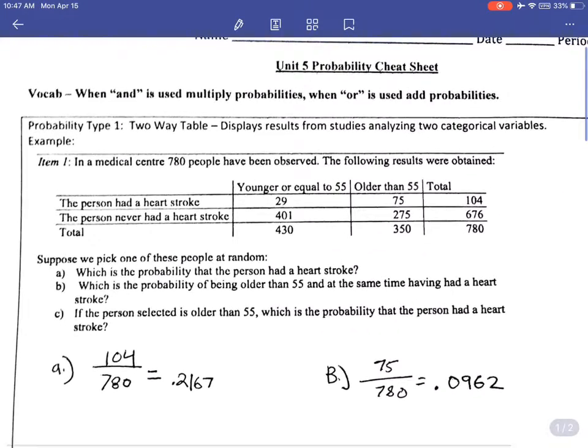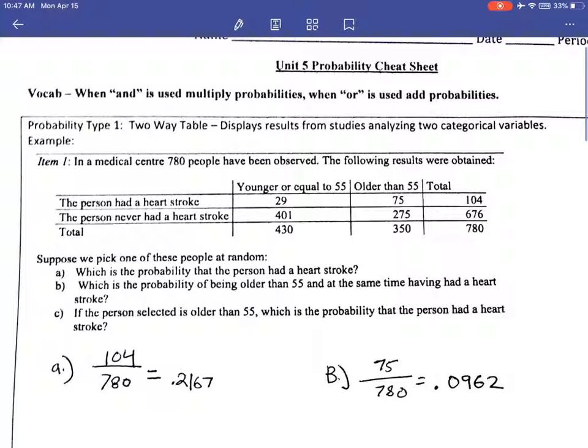So we can see here we have a two-way table for this medical study. That's 780 people determining their age, whether they're below or above the age of 55, and then whether they have had a heart stroke. So again, a two-way table, we have those two different categorical variables, and this table is summarizing all of this.